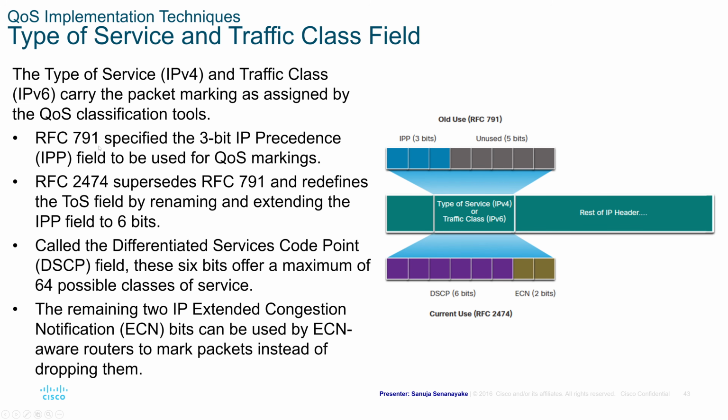RFC 791 has 3 bits, and RFC 2474 supersedes RFC 791 and redefines that. That allows us to have 6 bits with a maximum of 64 possible classes of service. Those are the key things that you should remember. On the right-hand side, it shows how RFC 791 is different from the RFC 2474 standard, where it has 6 bits as opposed to 3 bits here.